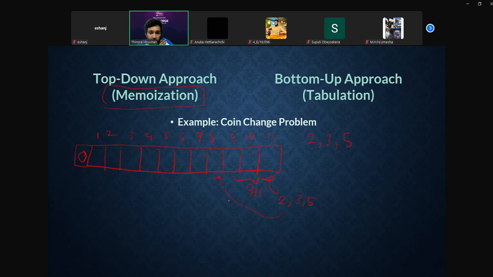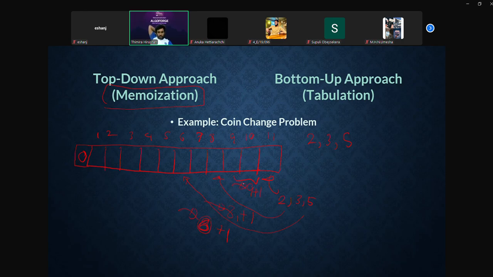Another way is get 8 in the minimum number of coins and add 1, or get 6 in the minimum number of coins and add 1 coin. Because you can end the coin selection with 2, 3 or 5, right? So in this case, you will have to solve 6, 8 and 9, right?